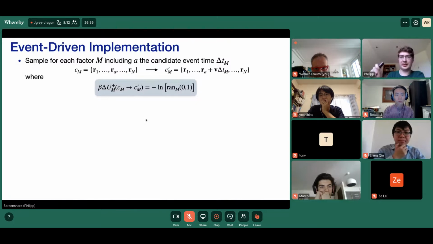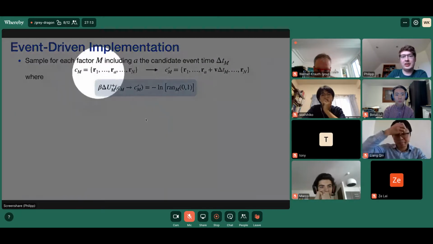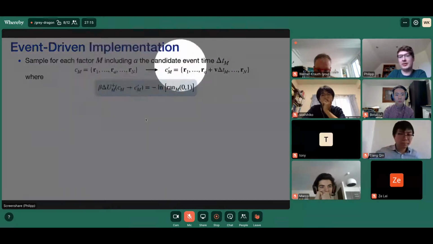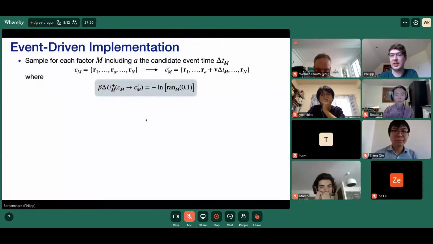So instead of choosing this time-driven implementation, we sample for each factor M which includes my active particle, a so-called candidate event time, delta t_M. So I have my starting configuration here, and then I sample some candidate event time, which corresponds to some final configuration where my active particle is displaced using this candidate event time.